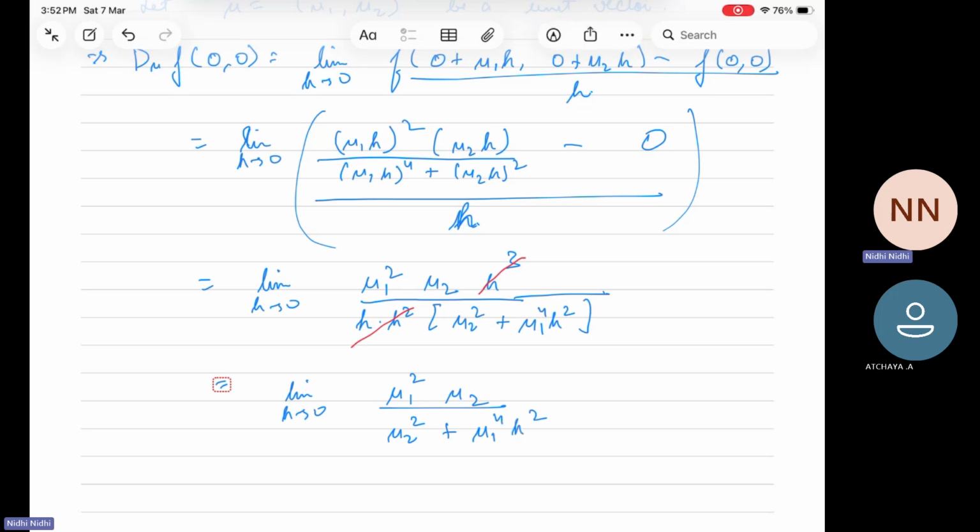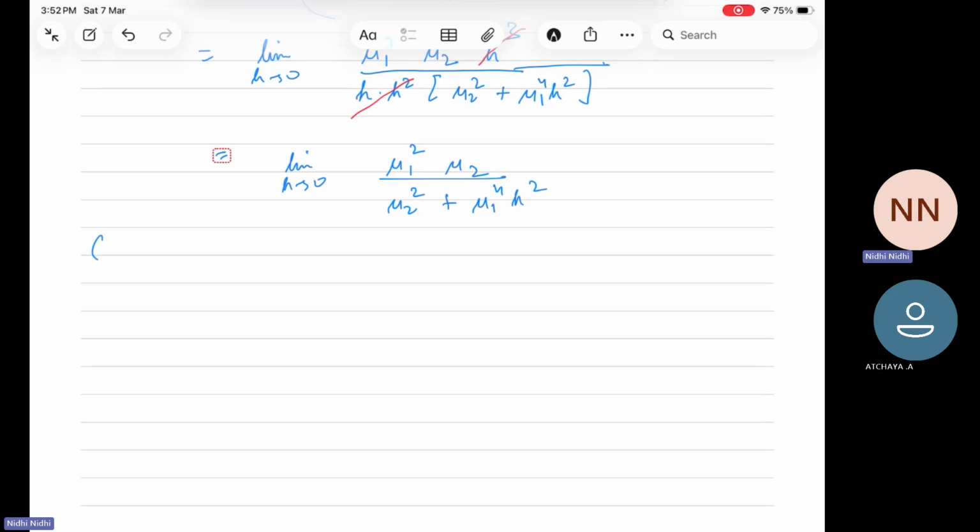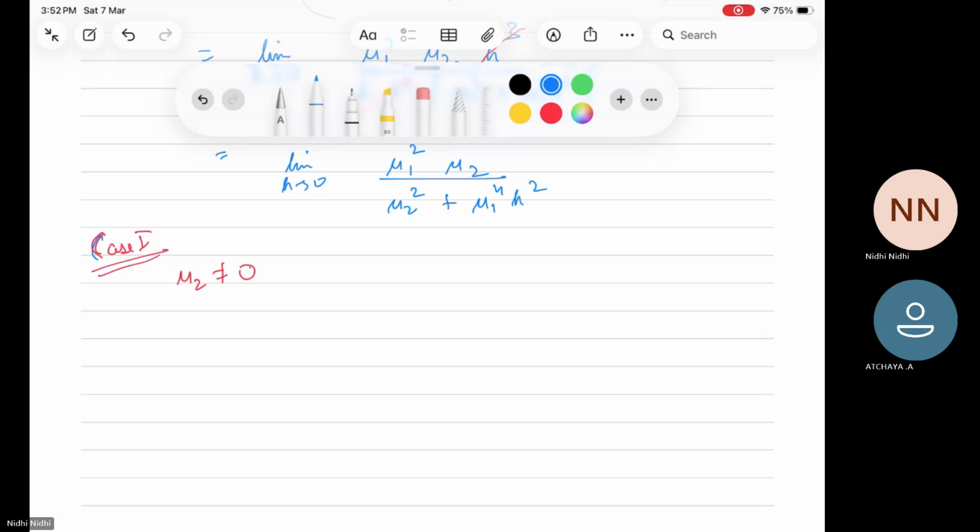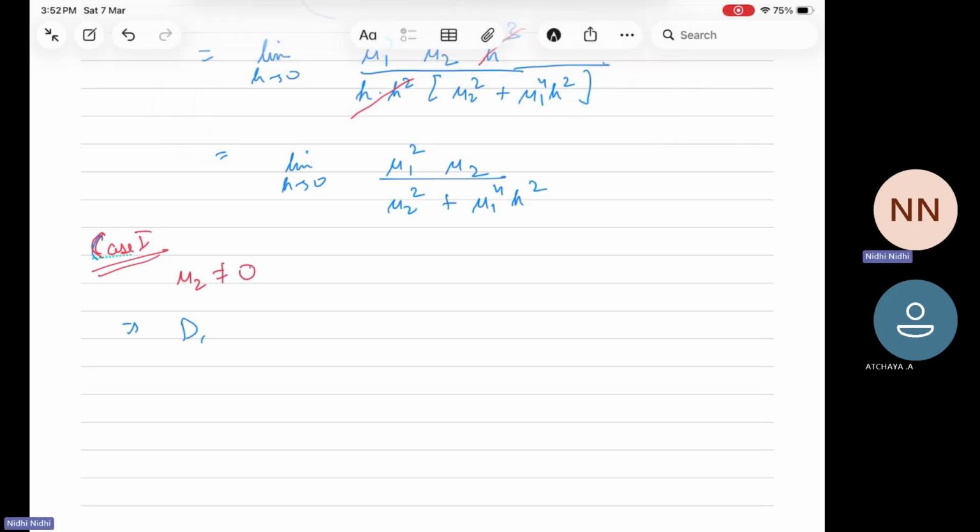Now, if u2 is 0, in that case, this denominator turns out to be 0, and we need to see what happens in that case. So we'll start with case 1. If u2 is non-zero, in that case, directly taking limit h tending to 0, we get u1 square u2 upon u2 square, which is just u1 square by u2.